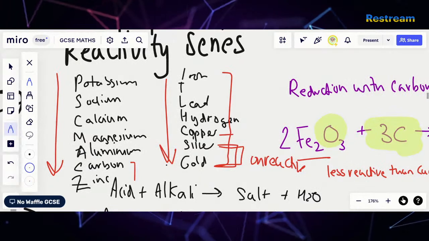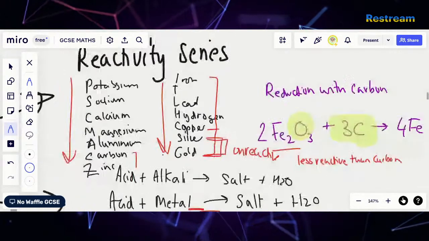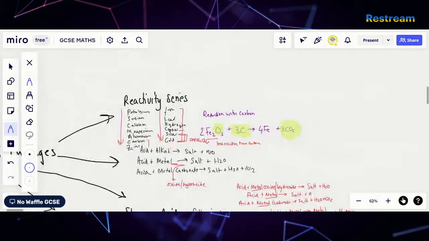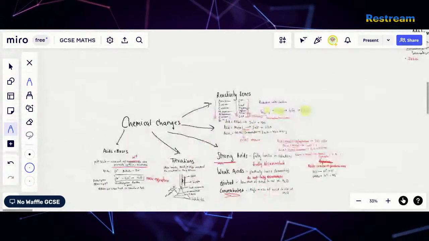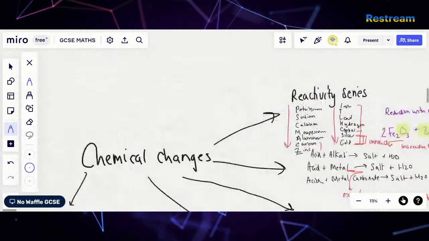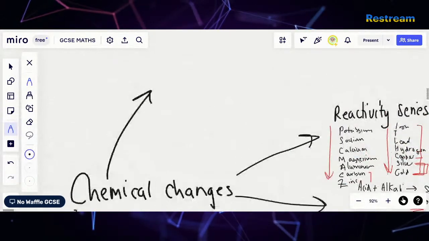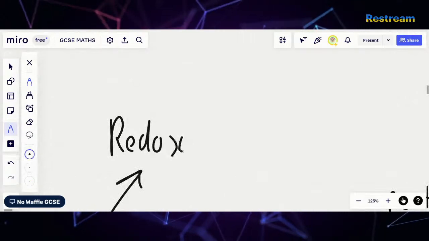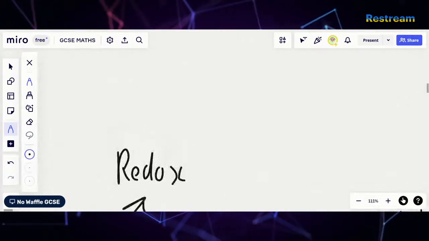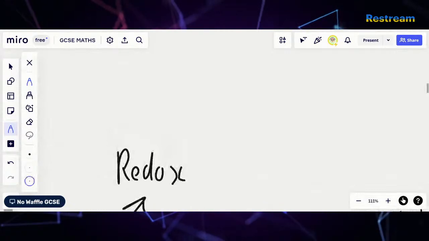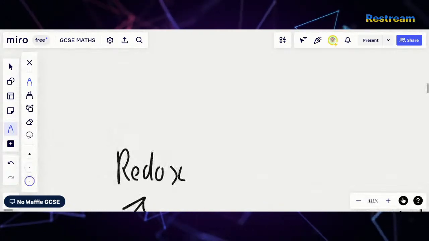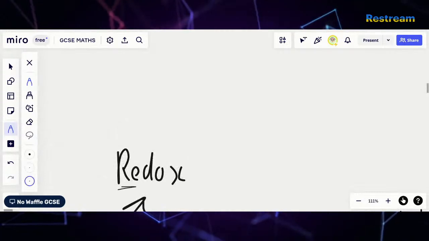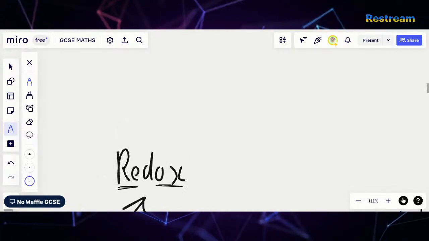Now, there are other ways to extract them through electrolysis, but let's just quickly look at redox reactions and what redox reactions are. A redox reaction is just a normal reaction because you have the reduction and you have the oxidation.